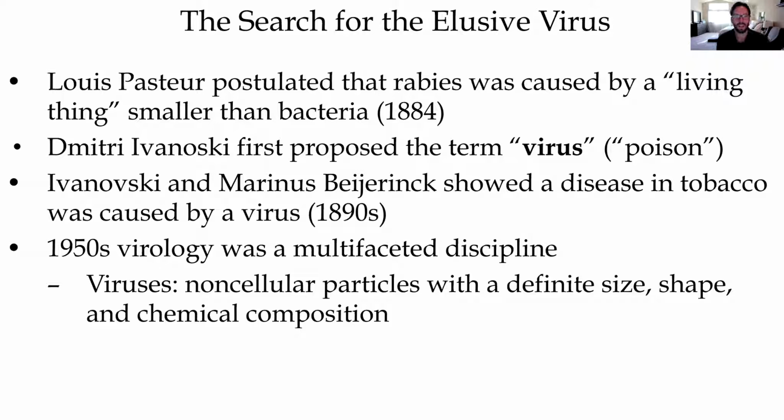And then Dmitry Ivanovsky was the one who later on came up with the term virus, which is Latin for poison. He and Beijerinck showed that the very first virus discovered was the infectious agent in tobacco, okay? Because back then, tobacco was a huge deal.